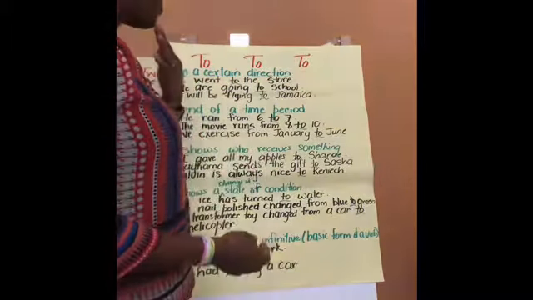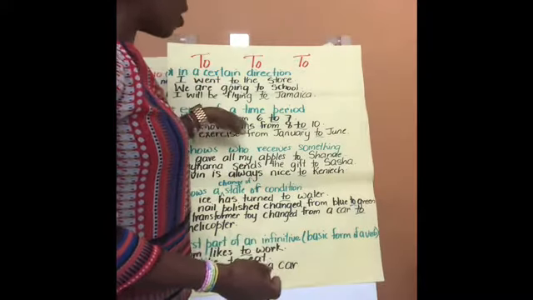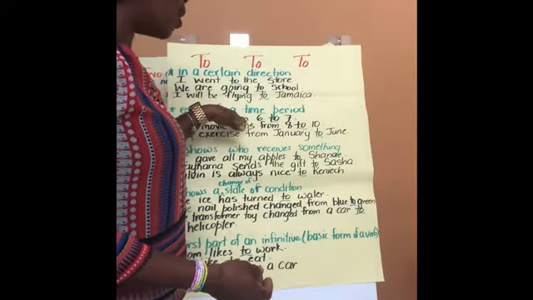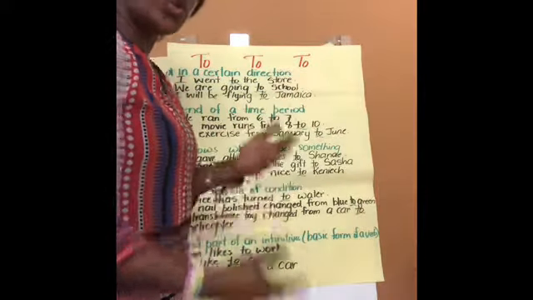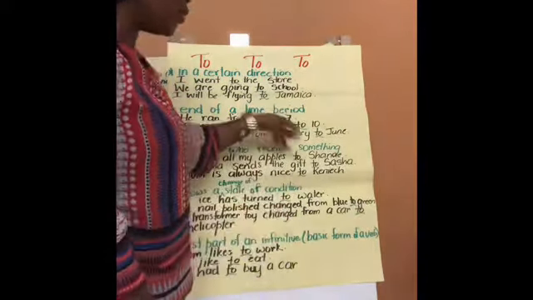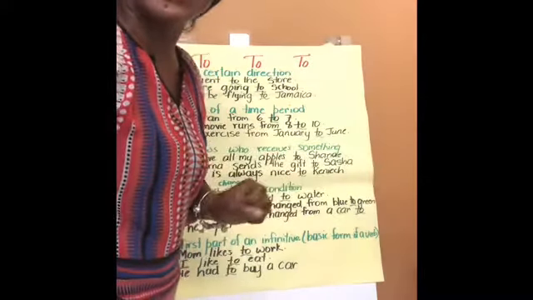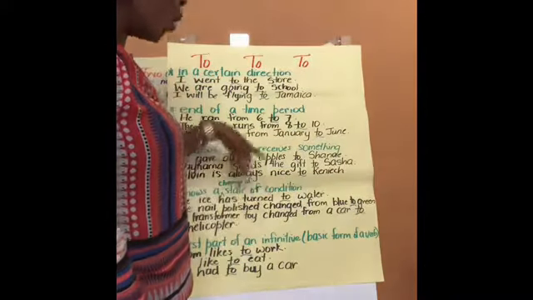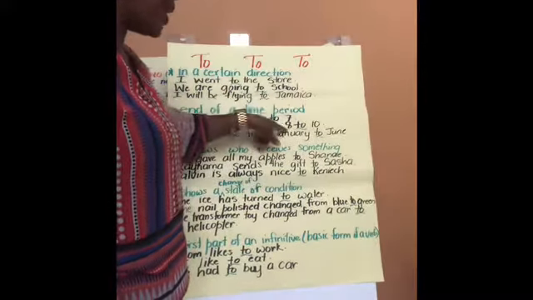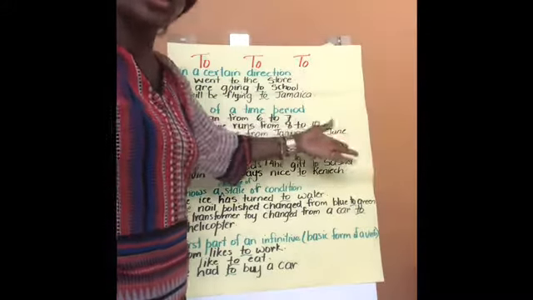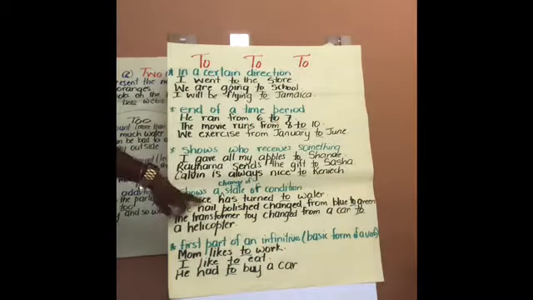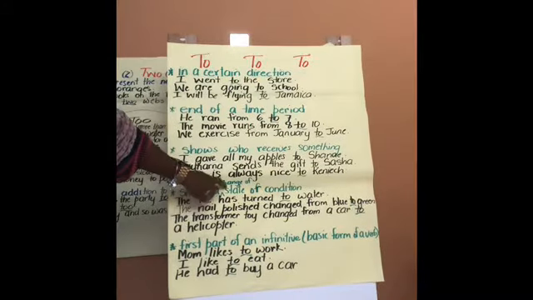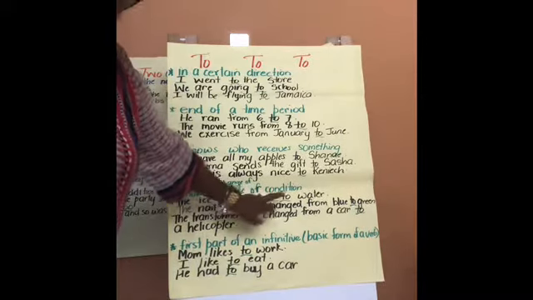Now, we could say he ran until 7. So in this case, we could use until instead of to, but we would have to word our sentence differently. But if we want to say 6 to 7 or 8 to 10 or January to June, then it's TO.